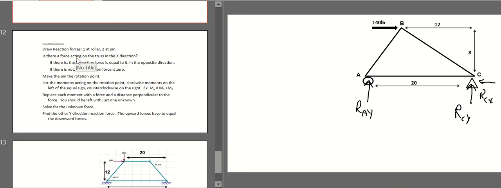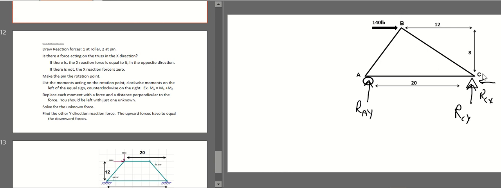Is there a force acting on the truss in the X direction? And by that I mean acting on it, not this one, but another one. Oh, right here, 140 pounds. So the answer to that is yes. If there is, the X reaction force is equal to it in the opposite direction. If it is not, the X reaction force is 0. If all I had was a force going down here, then this would be 0.